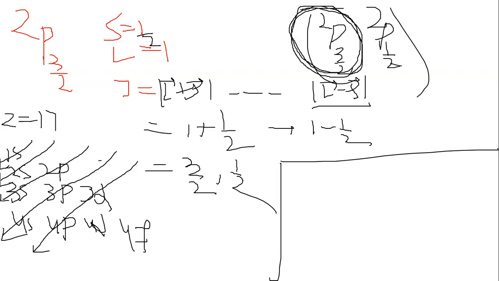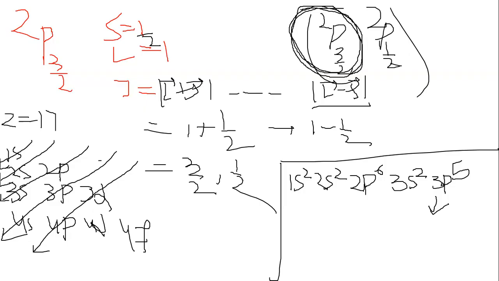So if we arrange 17 electrons, the order will be 1s2, 2s2, 2p6, 3s2, 3p. How much for 17? 3p5. So this is the last orbital in which the electron is present.